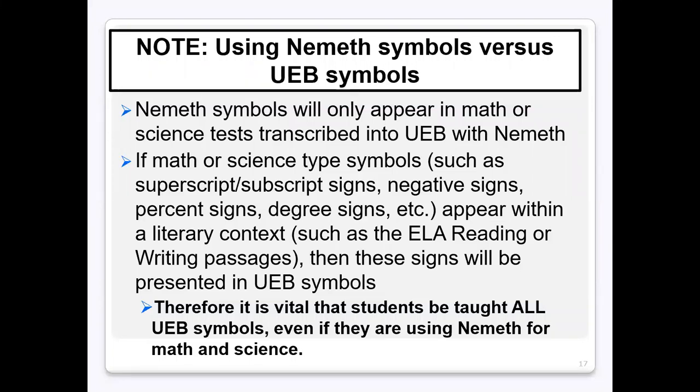Those will not be done in Nemeth because it is not a math or science test. So students have to know all the UEB symbols. Therefore, it's vital that students be taught all the UEB symbols, even if they're using Nemeth for math and science. They need to be able to recognize those other symbols.